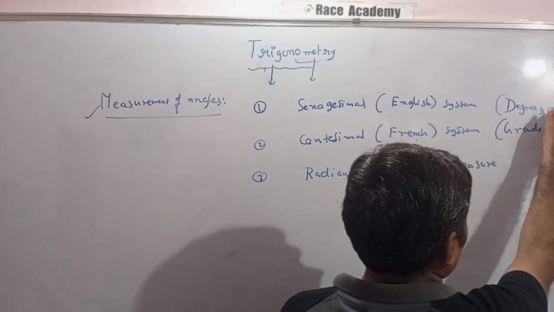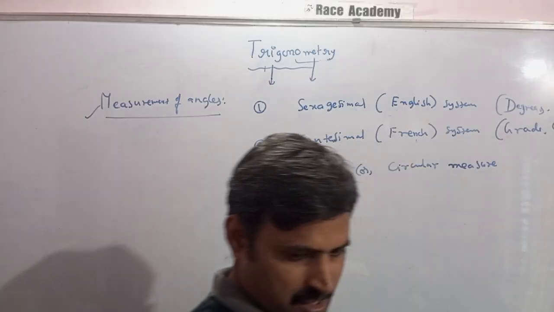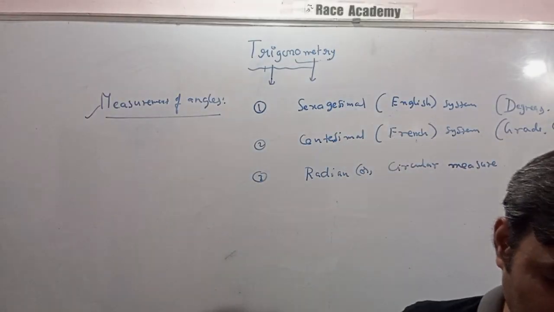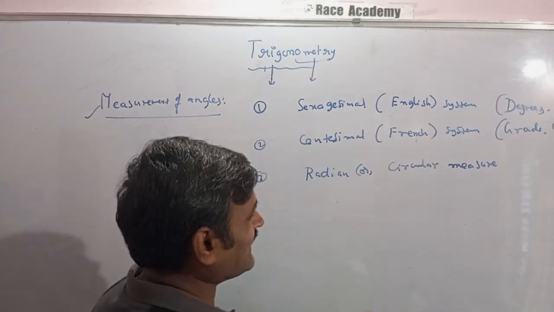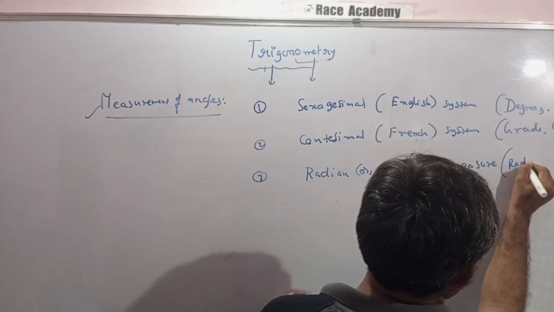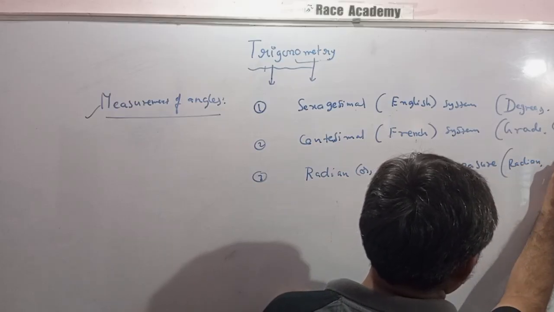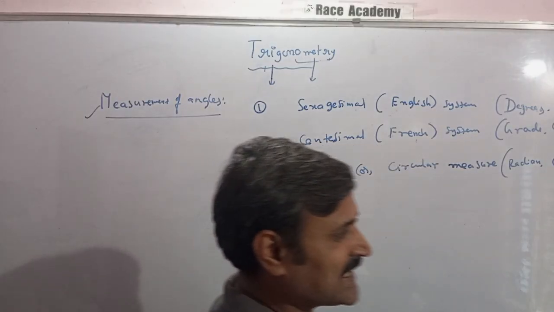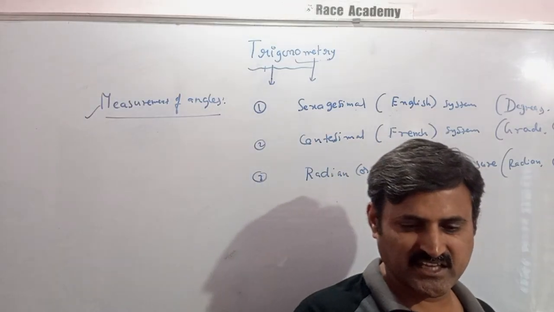Capital G is the symbol we generally use for this. And the third one, the radian system or circular system, we will measure the angle in terms of radians. The radian symbol is C.